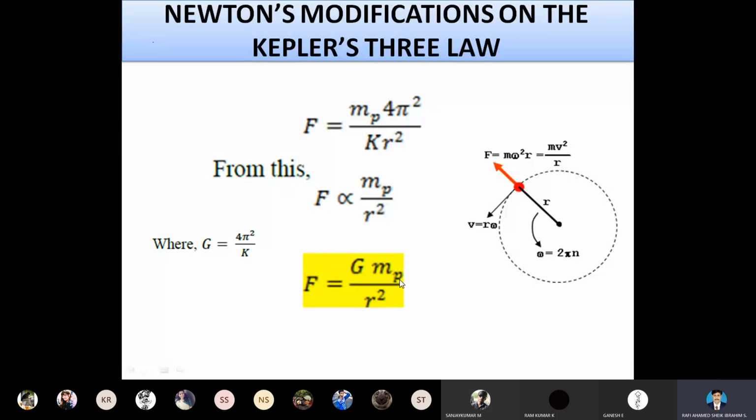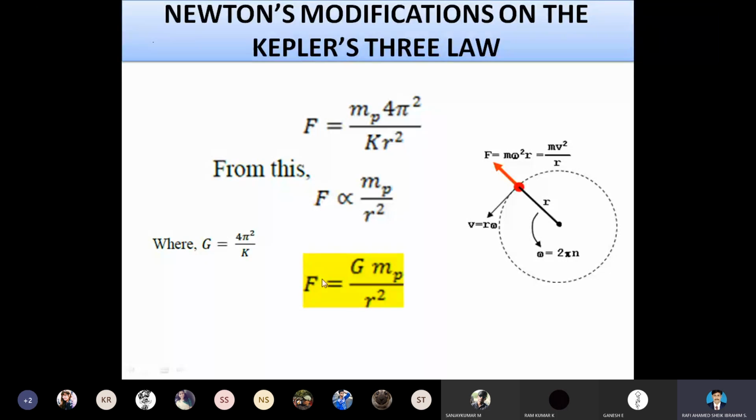They give the mass of the planet and the orbital radius distance, and ask to measure the force. Or otherwise, they will give the orbital radius and the force and ask to find the mass of the planet.